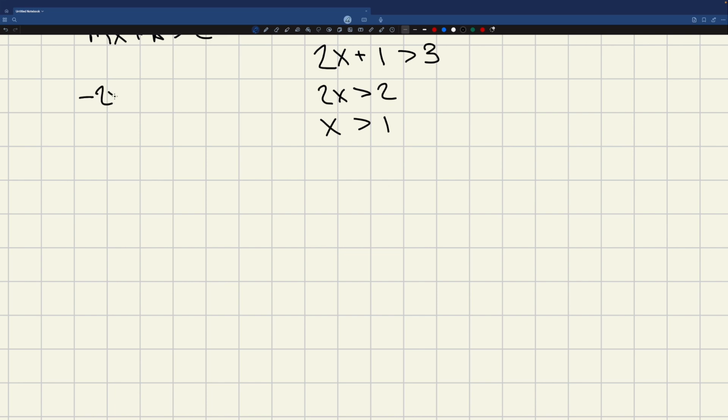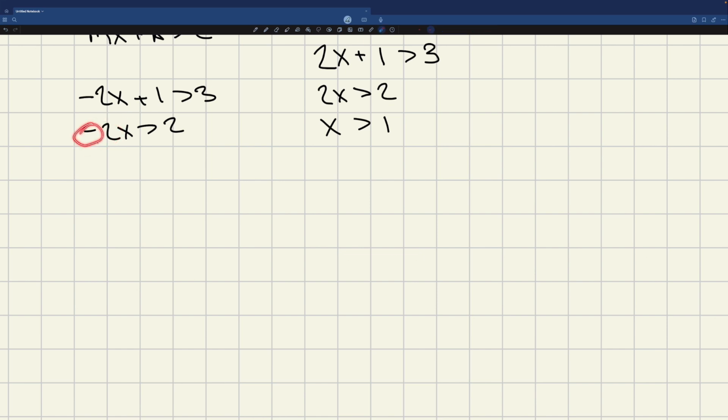So let's solve the linear inequality negative 2x plus 1 is larger than 3. Very similar to the one that we just solved, but with the negative 2 being the gradient. So once again, you subtract 1 from both sides, you get negative 2x is larger than 2. But now what you have to do is divide by negative 2.